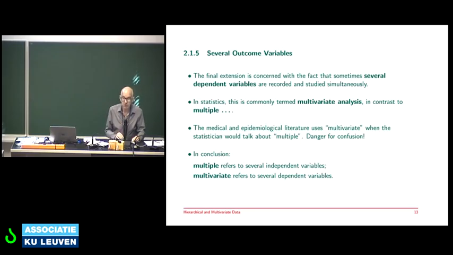For us, because we need to distinguish between more than one X, multiple, and more than one Y, multivariate, we do need the two words. This doesn't mean from now on we should fight against that use in the medical literature. No, the burden is upon us. We should be aware of that difference.